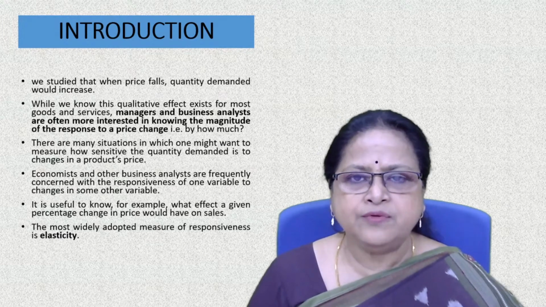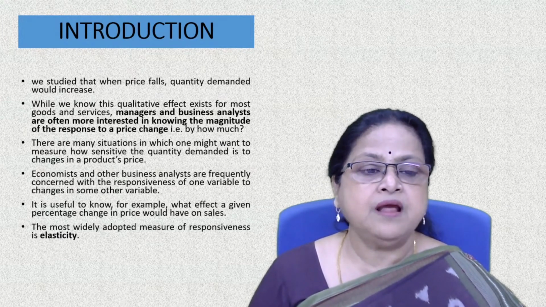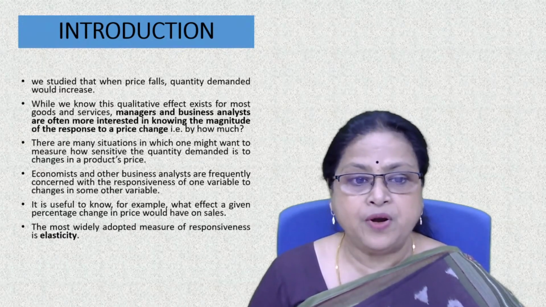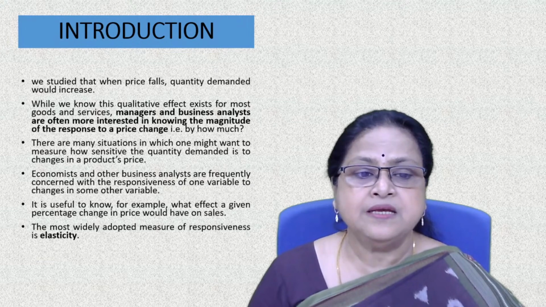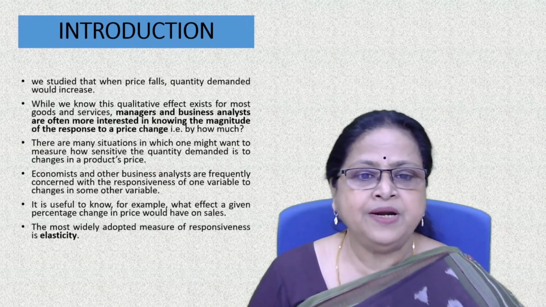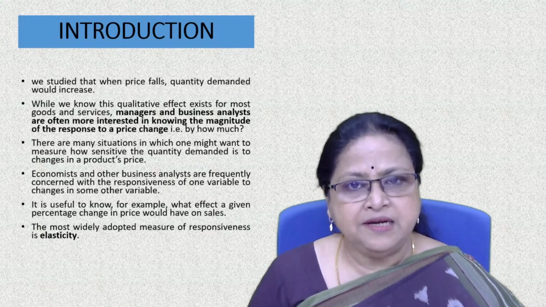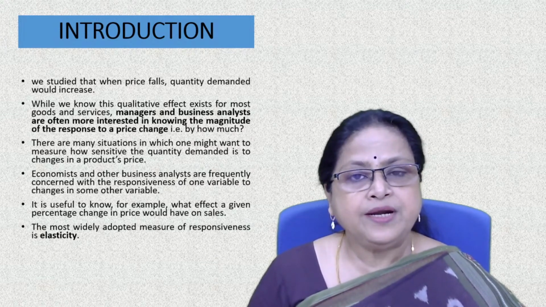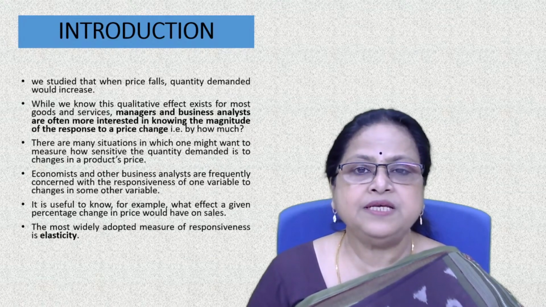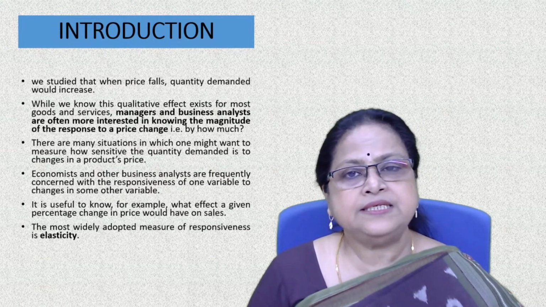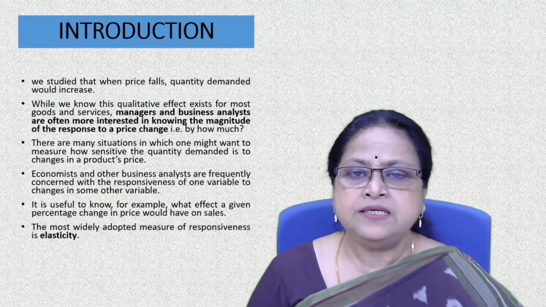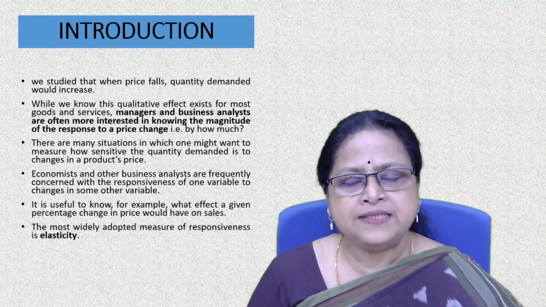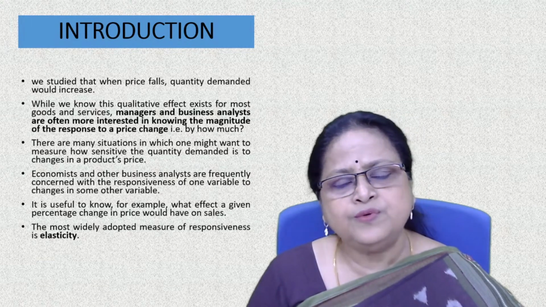There are many situations in which one might want to measure how sensitive the quantity demanded is to changes in a product price. So here product price is the independent variable and quantity demanded is the dependent variable. Economists and other business analysts are frequently concerned with the responsiveness of one variable to changes in some other variable. That is, changes in quantity demanded due to changes in income, due to changes in price, due to changes in prices of other goods, like that.